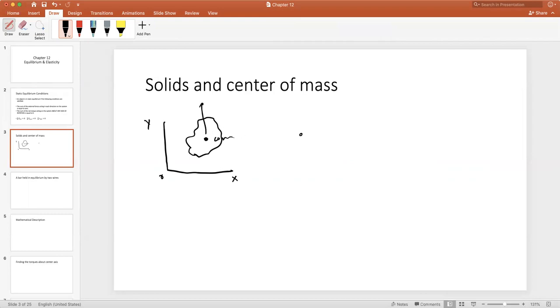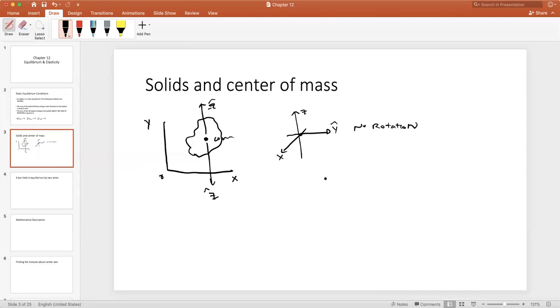Let's imagine that there's a z vector going, a negative z vector going into the page and a positive z vector coming out of the page, and about any axis of rotation, so about the z-axis, about the y-axis, and about the x-axis, about any of those axes, there is no rotation.